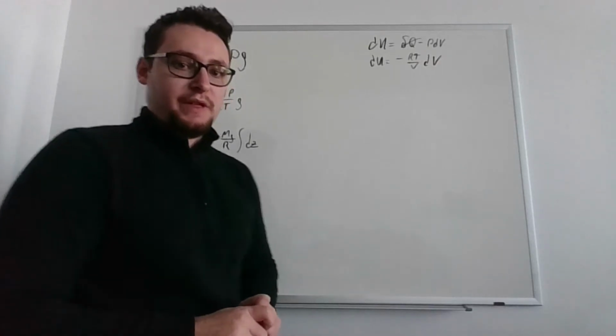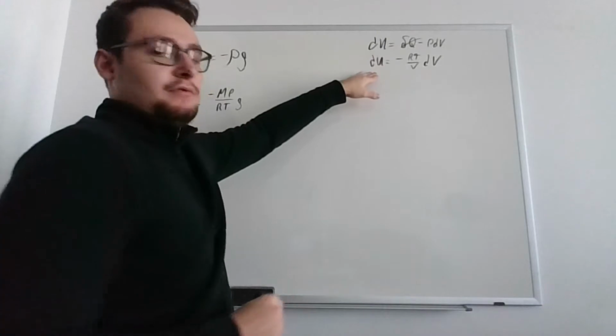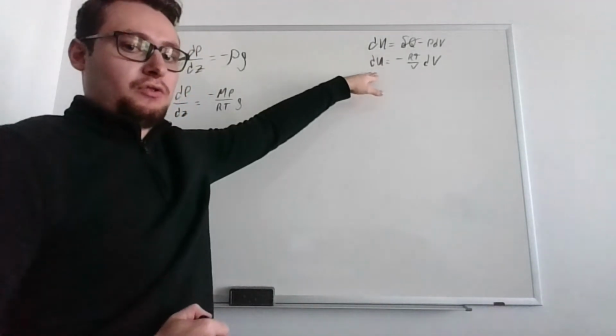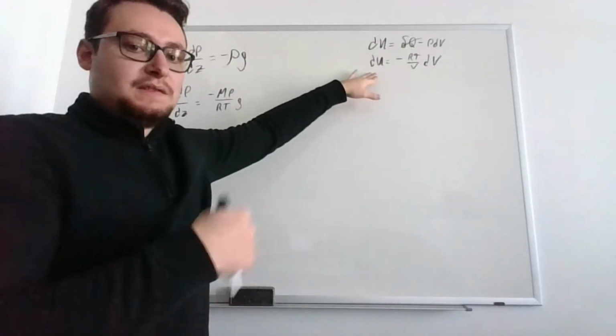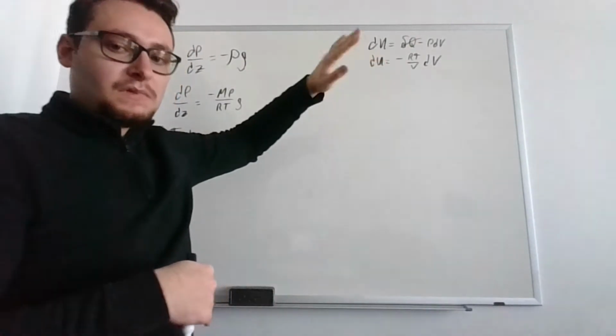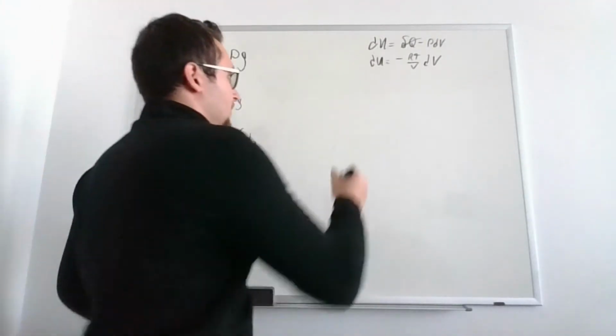Next, we know that from mass and energy balance that this du, the differentiation in internal energy, is basically just CV dT. So we're going to write that in. I'm also going to take T to the other side so we can integrate.